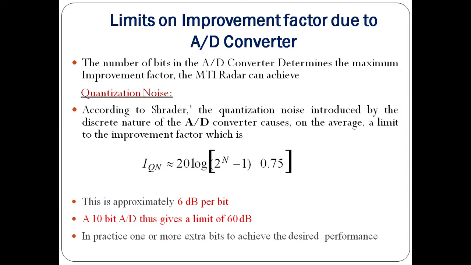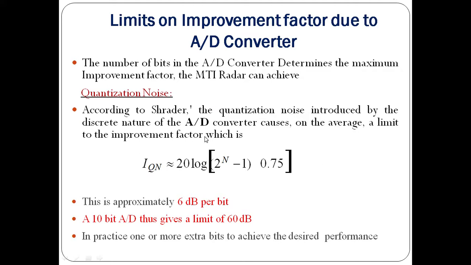According to Schrader, the quantization noise introduced by the discrete nature of the A to D converter causes, on average, a limit to the improvement factor. This is the empirical equation given by Schrader. By increasing the value of n, the quantization noise reduces, thereby you can improve the improvement factor.